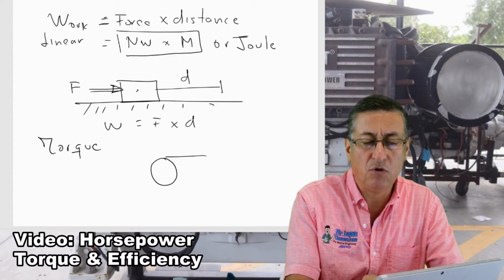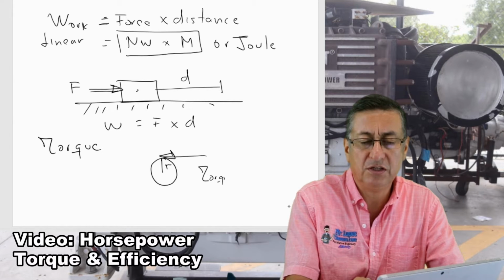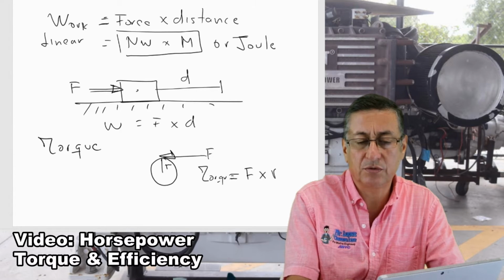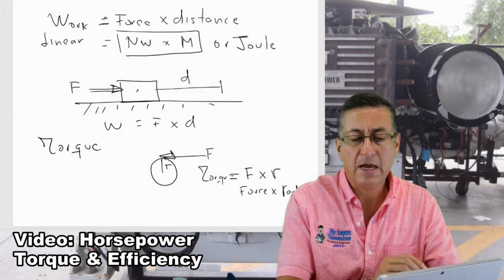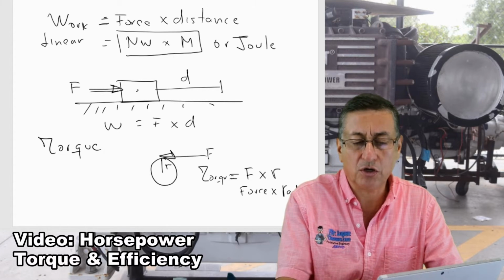If you apply a force here, and this is the radius, the torque is equal to the force times the radius. What is the unit of torque? It's exactly the same. It's Newton meter, or Joule. Those are the units for torque.